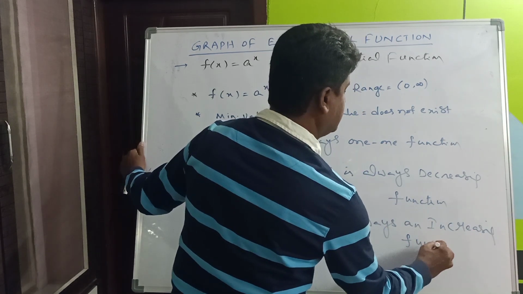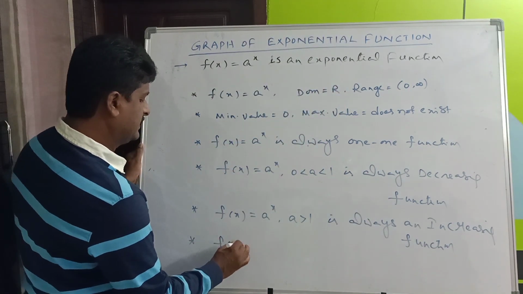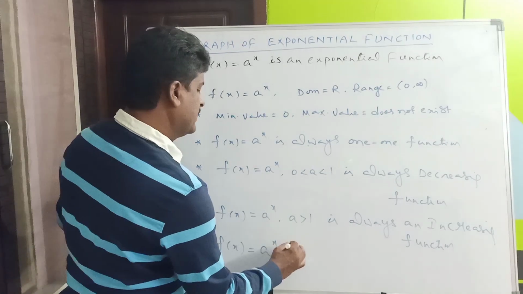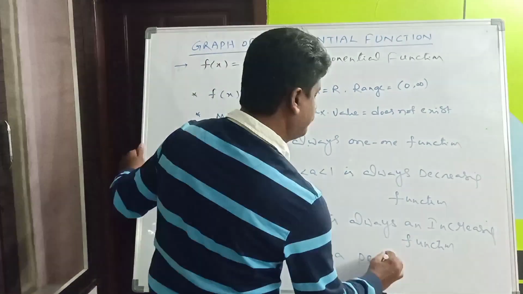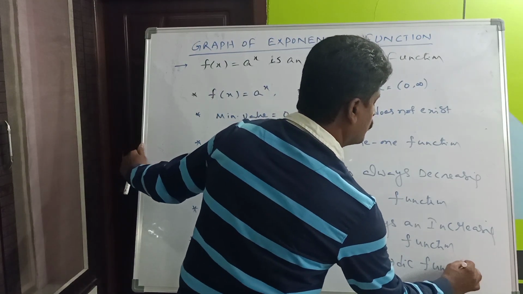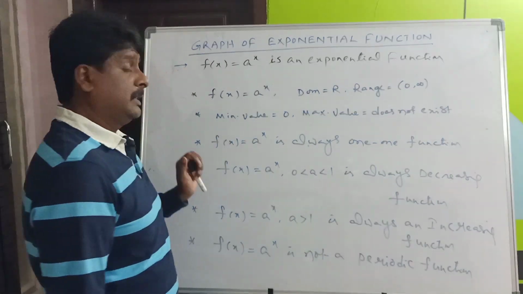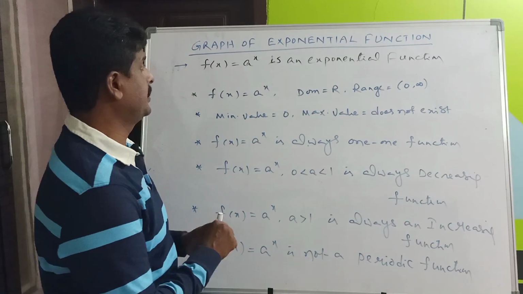Already we have seen this. And f of x is equal to a power x is not a periodic function. So these are the properties of the exponential function.